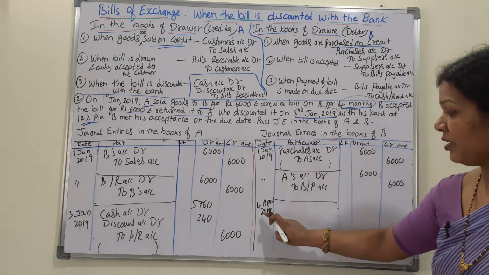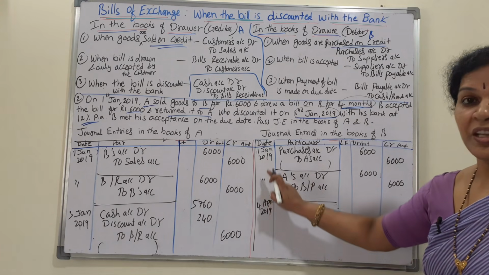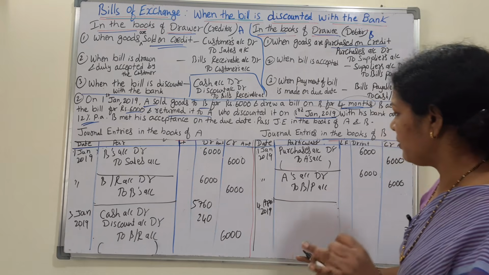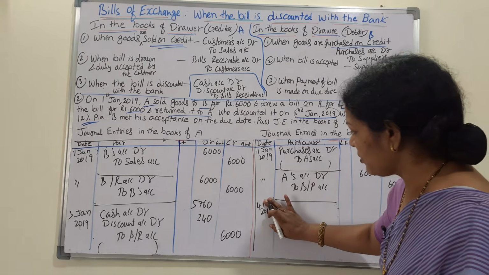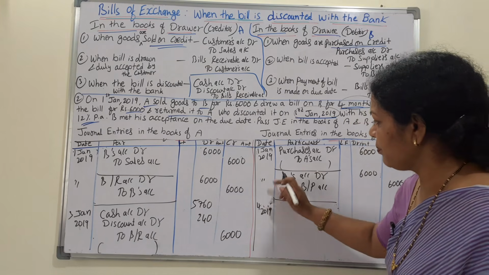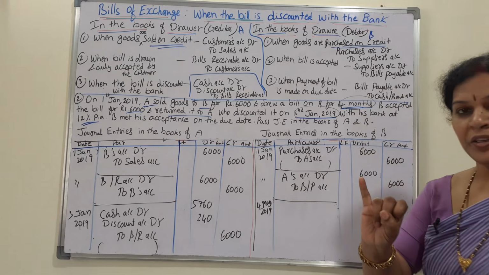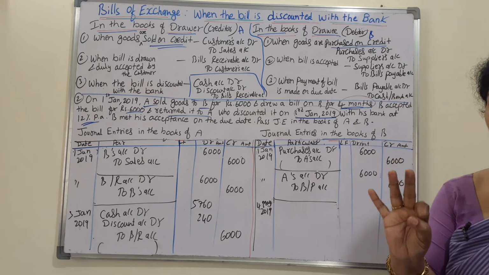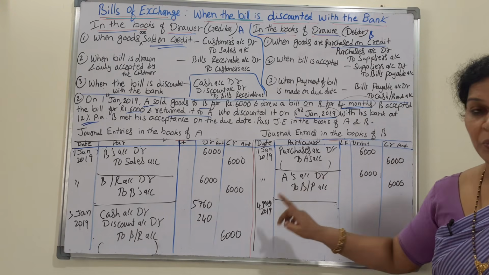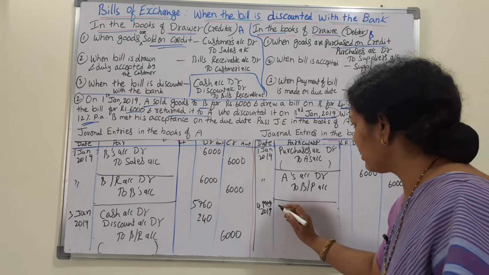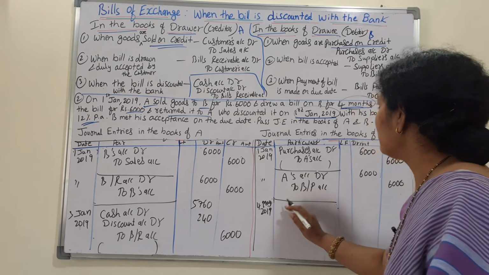How to calculate? So grace period of 3 days and 4 months. 4 months means January is over. January, February, March, April. 4 months over, means the 5th month. So after 4 months, including grace days, he is going to make the payment.